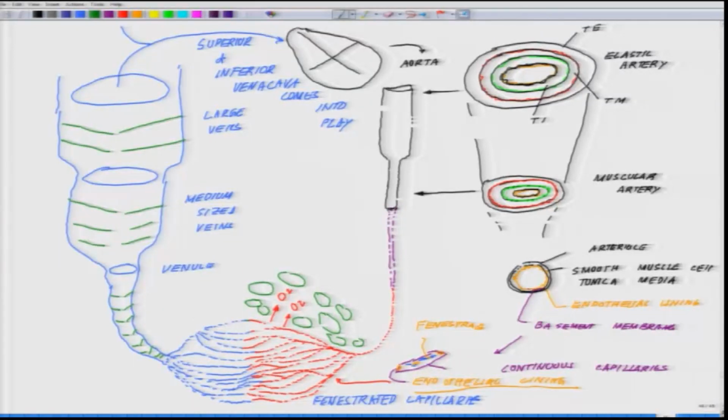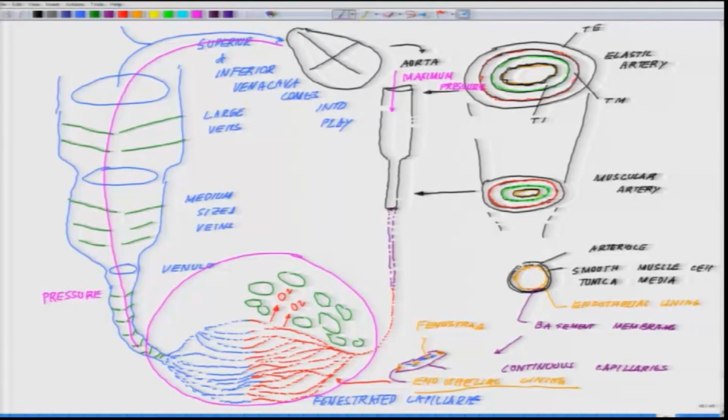Because the pressure with which the blood is being pumped here will come to this maximum pressure, and by the time the exchange is taking place out in the fenestrated capillaries, the pressure is dropping, yet the blood has to come back to the heart.